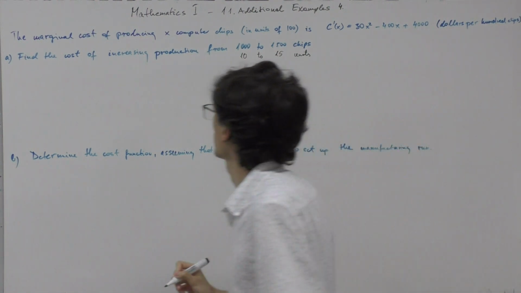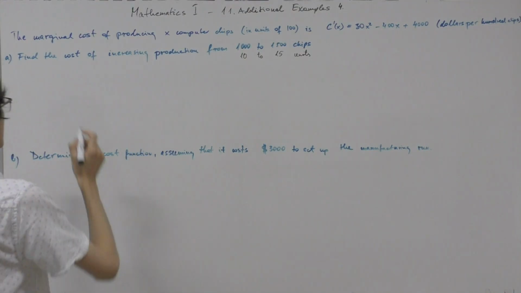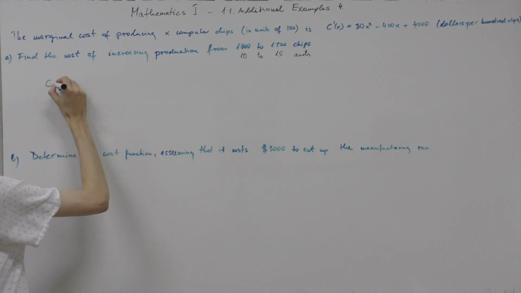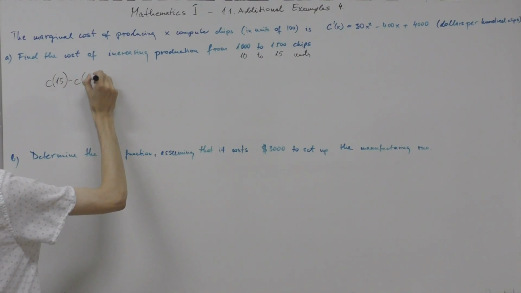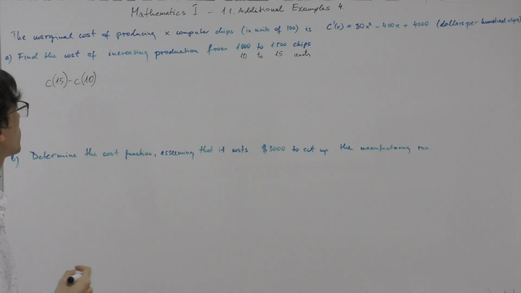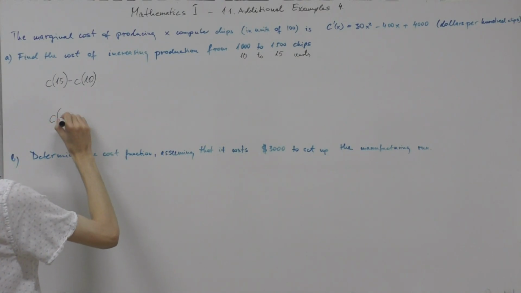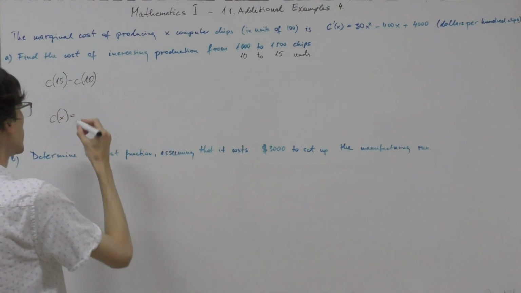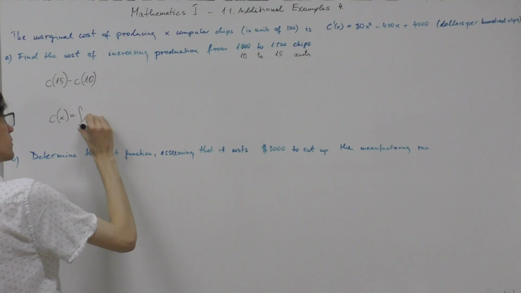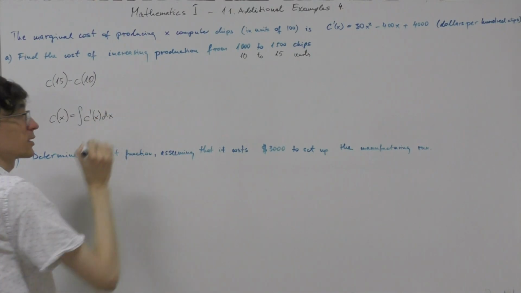Now, the cost of increasing the production is given by the cost function at 15 minus the cost function at 10. To find the cost function or all possible cost functions, we of course find the primitive functions of our marginal cost function. So integral c prime of x dx.